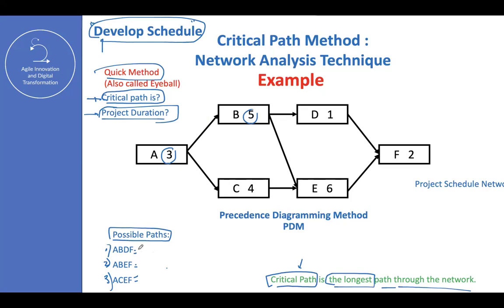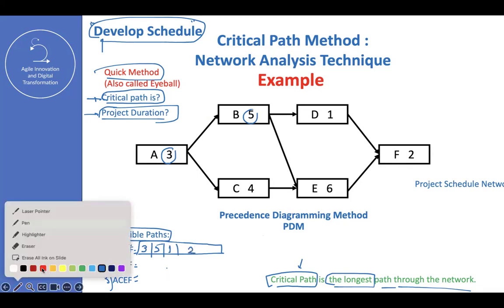I want you to help me to calculate the duration of path 1: A plus B plus D plus F. I'm just putting the numbers here to visualize. Activity A is 3. The duration of activity B is 5. The duration of activity D, as in David, is 1. The duration of activity F, as in Frank, is 2.